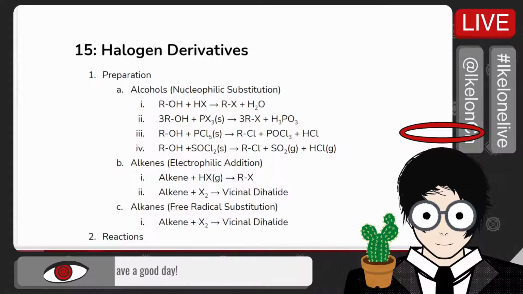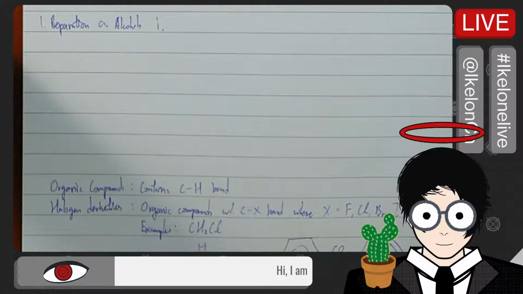Anyway, this is how the reaction goes. The alcohol mixed with a hydrogen halide, and you get a halogen derivative and water.